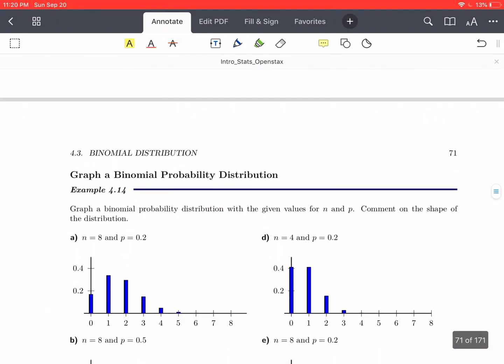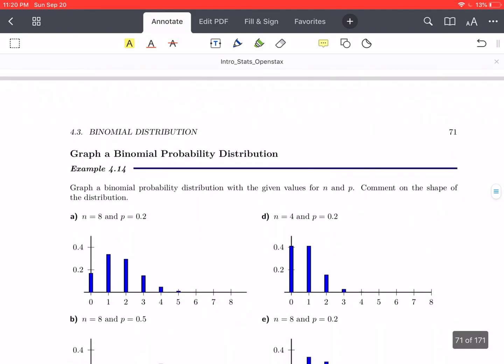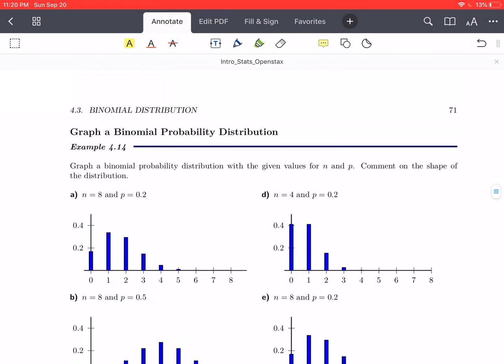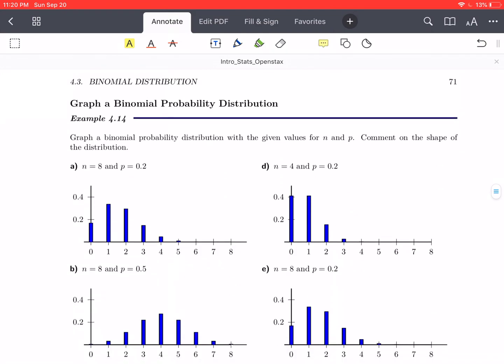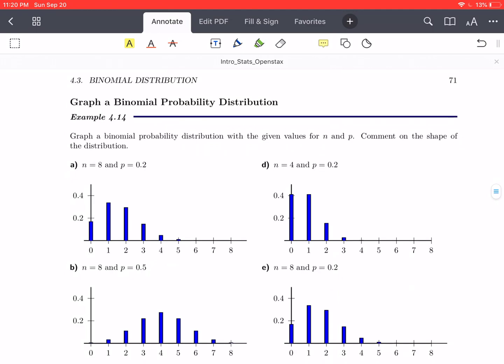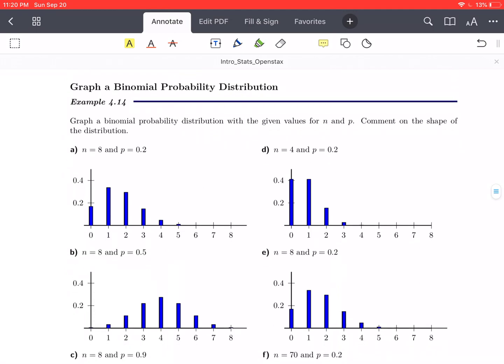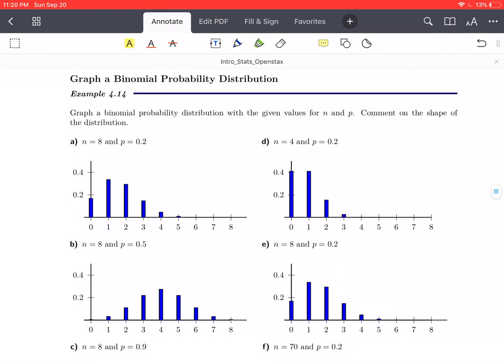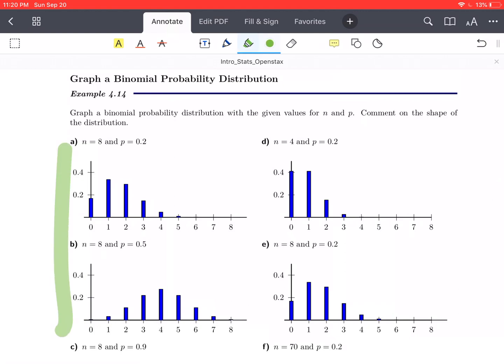Okay. And then here we're looking at graphs of binomial probability distributions. We've kind of already looked at this, but they just want to emphasize the behavioral changes depending on your sample size, your number of trials, and your probability of success. So let's look down first.